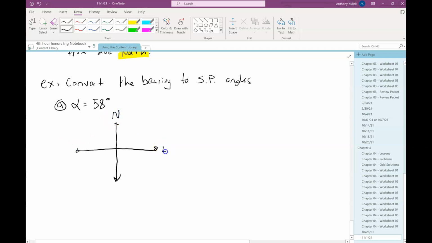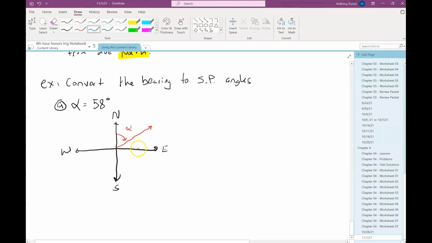So north, east, south, west. My bearing starts at due north and goes clockwise 58 degrees. So that's my alpha. Everybody's okay with that?